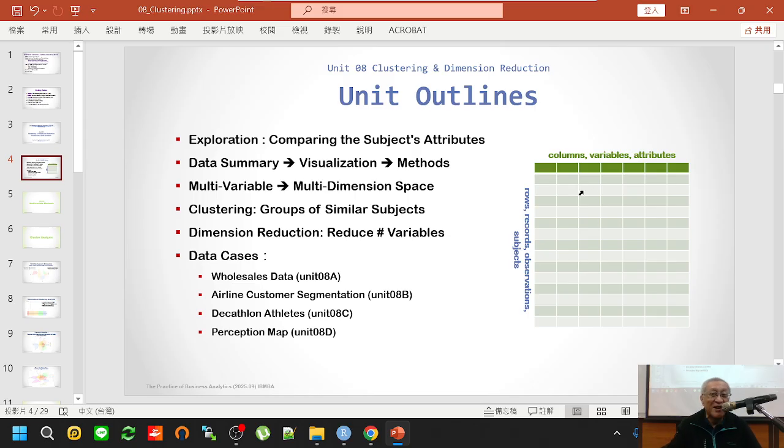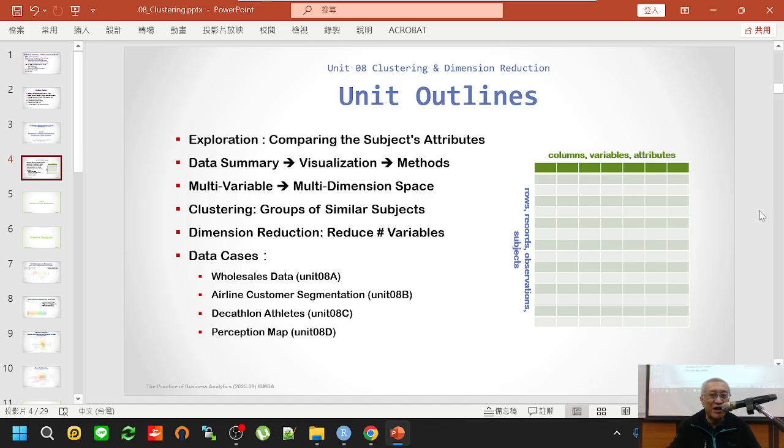So clustering does a classification in this direction, okay? Clustering is looking for similarity and dividing the subjects into groups.